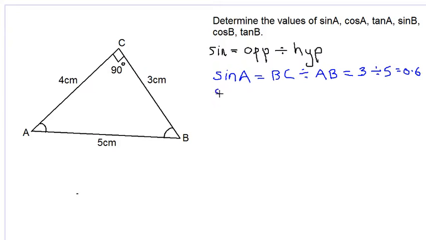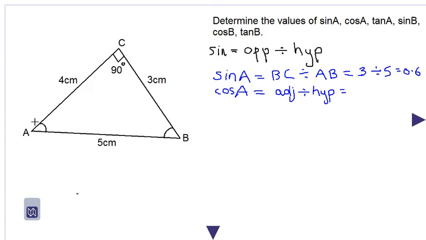Let's do cosine A now. So we know that cosine is equal to adjacent divided by hypotenuse, ADJ divided by the length of the hypotenuse, HYP for short.